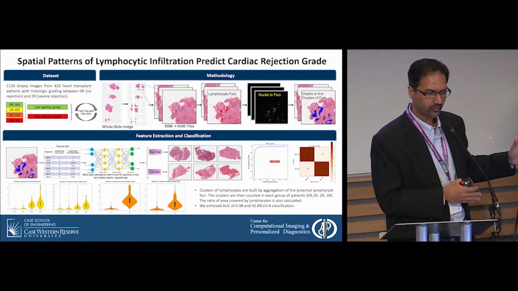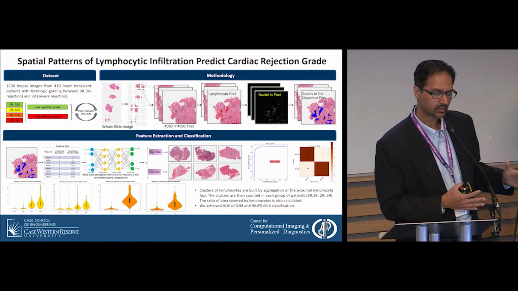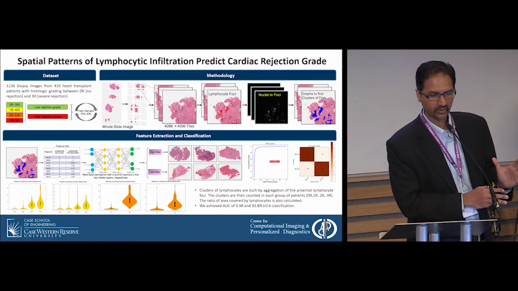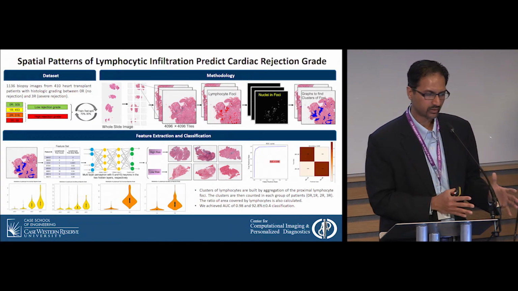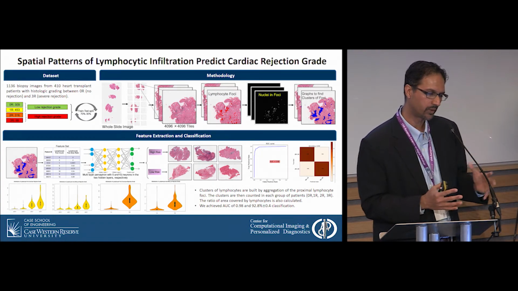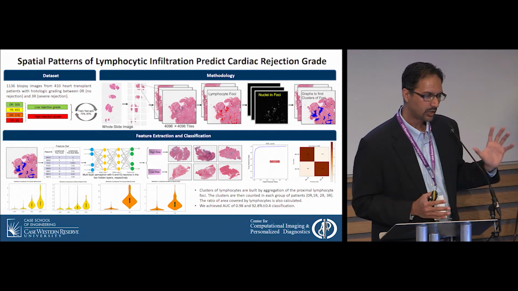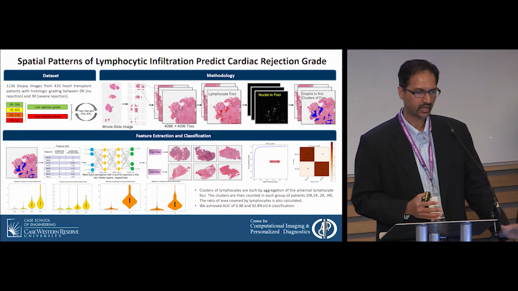I want to come back very quickly to the heart example that I showed earlier. I gave you the example with the deep learning networks. Well, we revisited after having developed this spatial interplay feature with the immune cells. We took that idea and applied it to predict cardiac rejection grade.